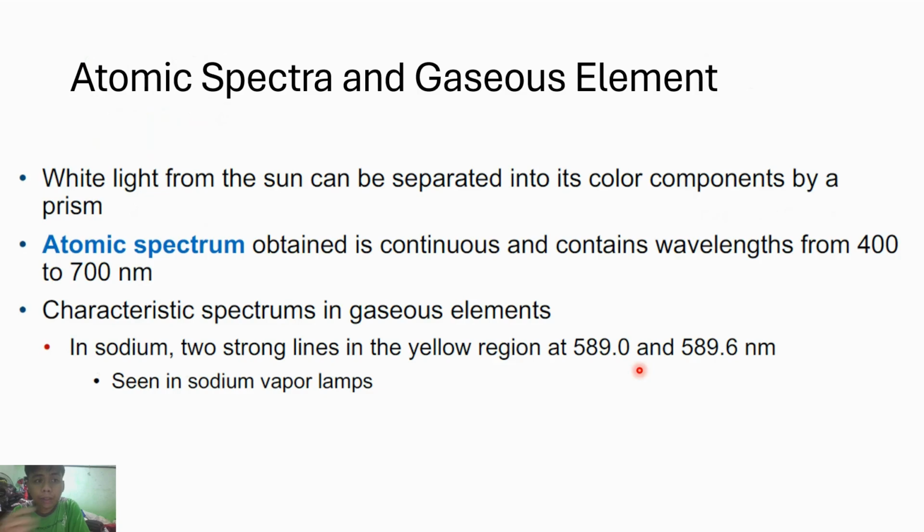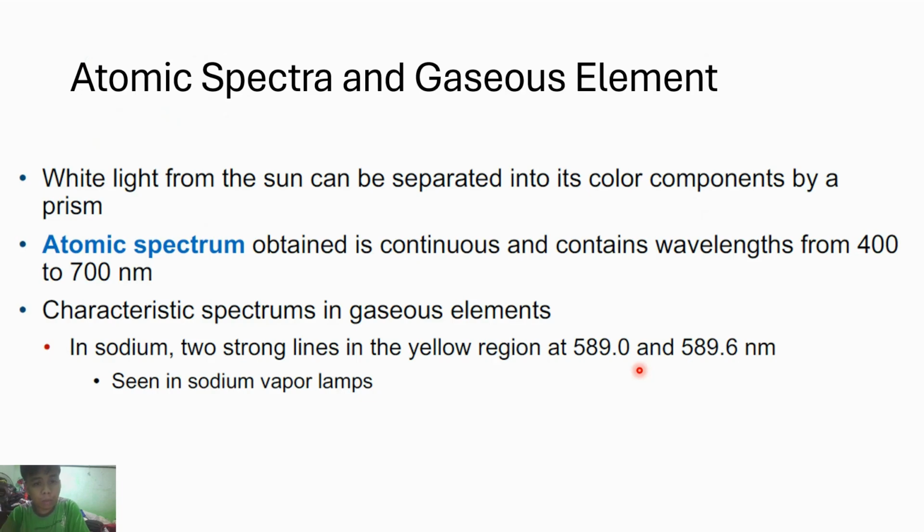So let's go here. The atomic spectra of gaseous elements are usually around 400 to 700 nanometers. The characteristic gaseous elements like sodium have developed two strong lines in the yellow region, at 589 and 589.6 nanometers, seen in a sodium vapor lamp.